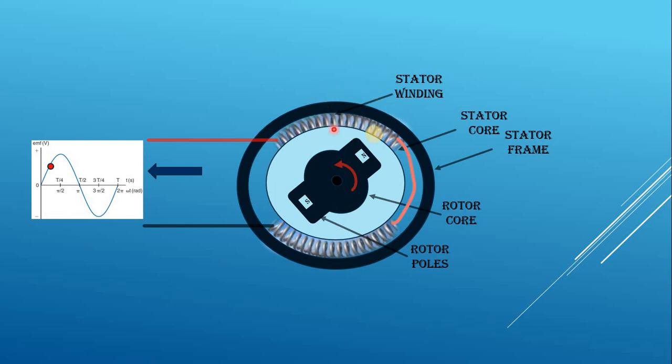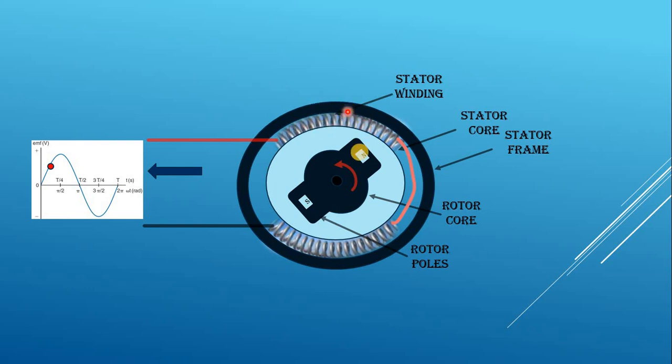Hence, flux linkage is 0 and the induced EMF is 0. So, when the north pole and south pole lie along the horizontal axis, the induced EMF in the coil is 0.